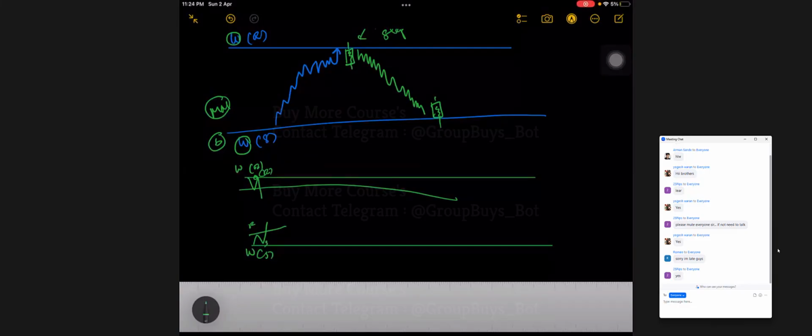So when the price comes into our zone, we will monitor which level the price will go to. You must remember it, we don't predict it. It's not gambling.